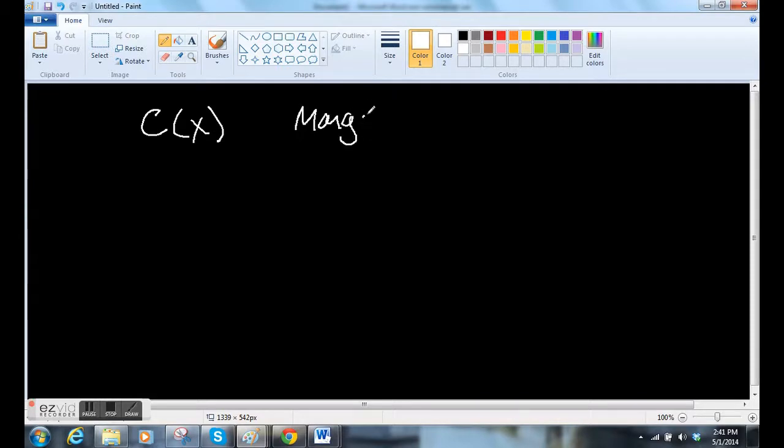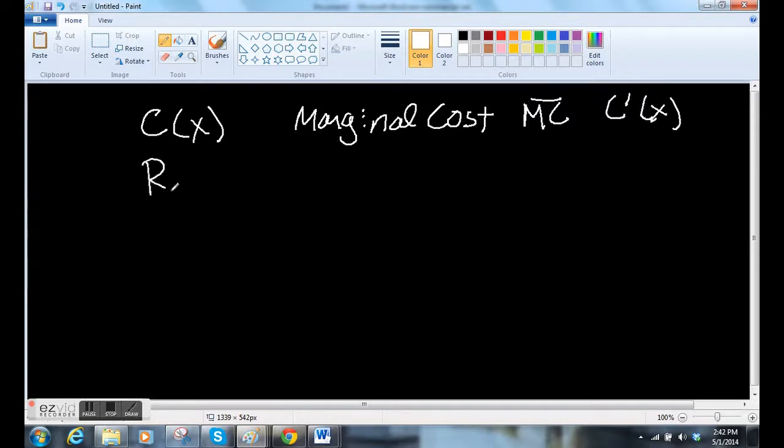You always found the marginal cost by taking the derivative of the cost function. Similarly, we were sometimes given the revenue function and asked to find the marginal revenue, the rate of change of revenue, and you found that by taking the derivative of the revenue function.